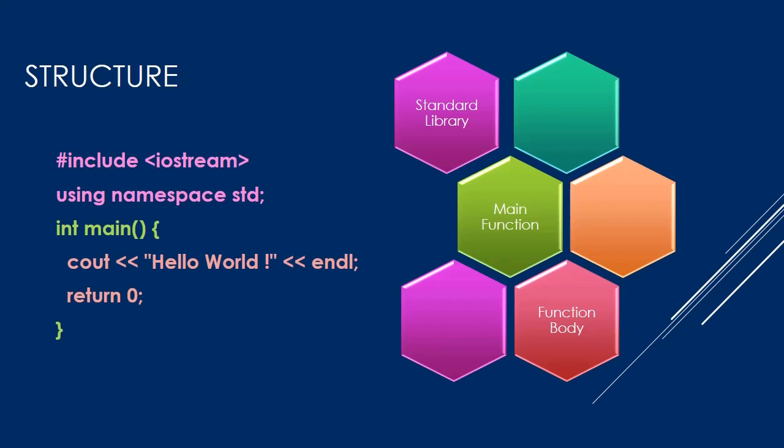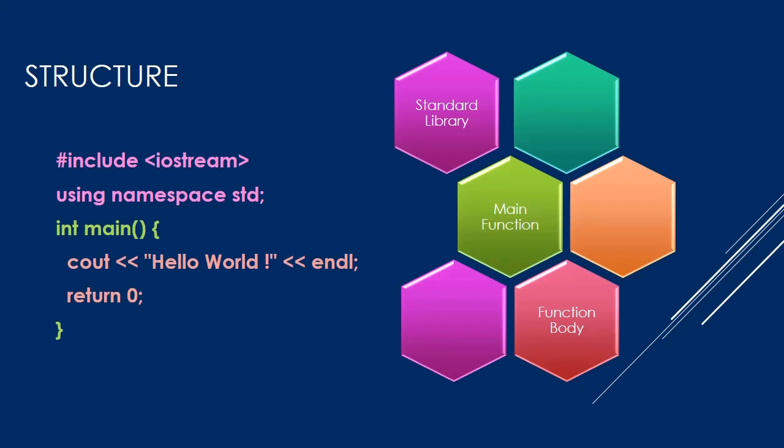You have to give all the brackets in pairs. See that the curly braces are in pairs and the parentheses are in pairs. The open curly brace opens the block, and the closing curly brace in the last line closes the block. And this is the main function.